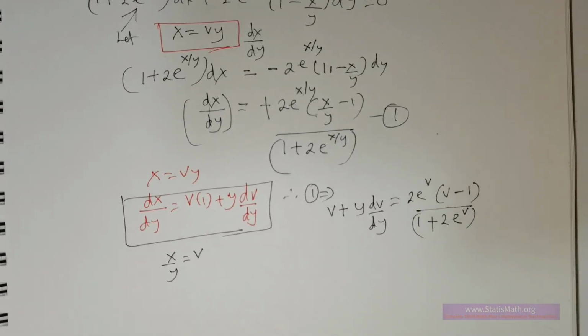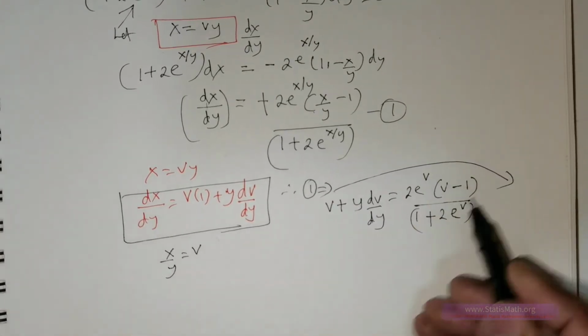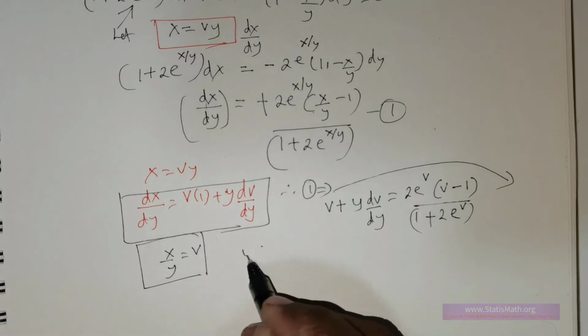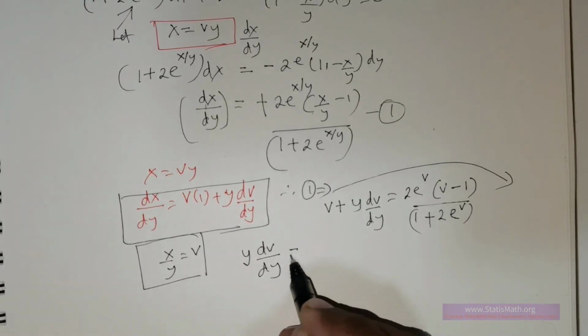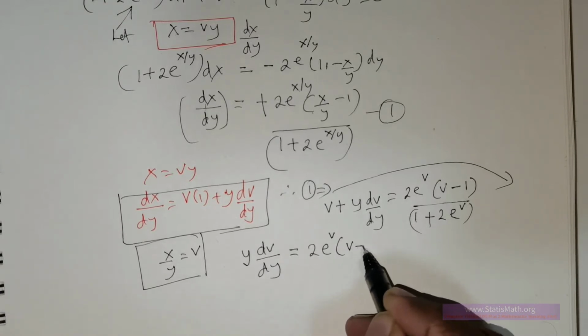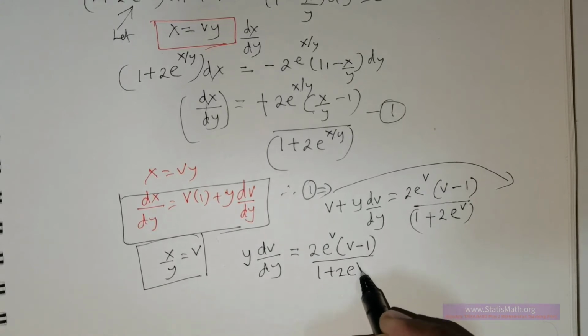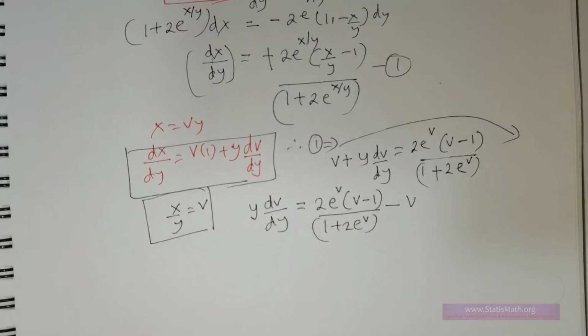Now what we will do is move this v to the other side. That would mean we would now have y dv/dy equal to 2e^v (v - 1) divided by 1 + 2e^v, minus v.